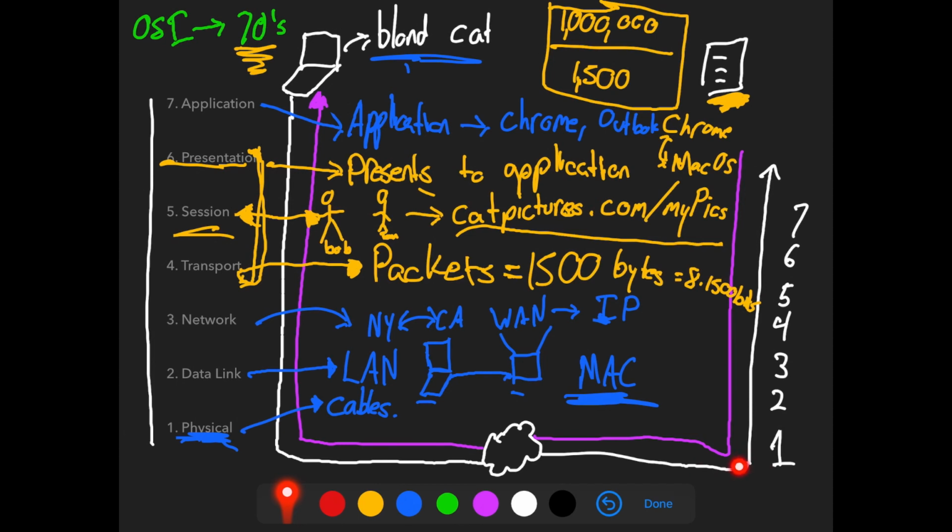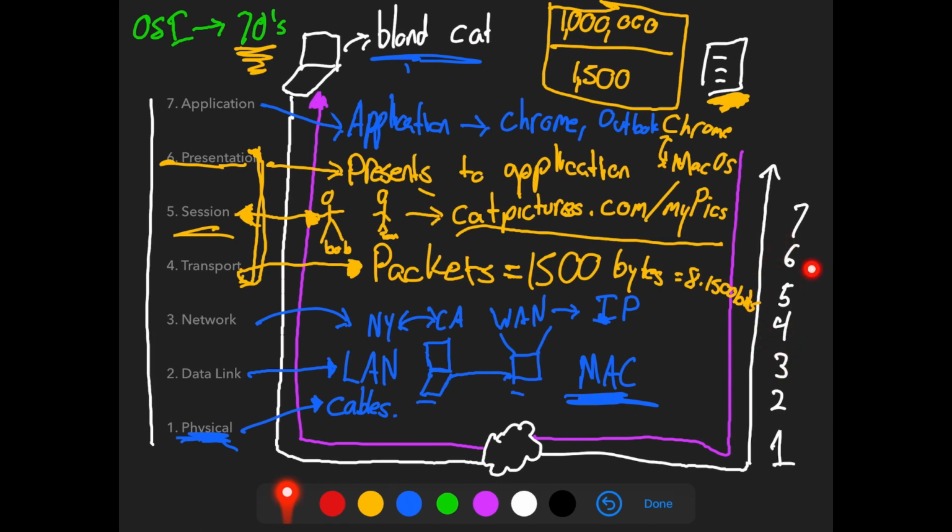And so then once it goes over the internet, when it gets to the final destination, or even while it's traveling through, imagine it gets to the final router, then it will be on the wire headed to the server, and that will use the MAC address, and it got there because it knew the IP address.